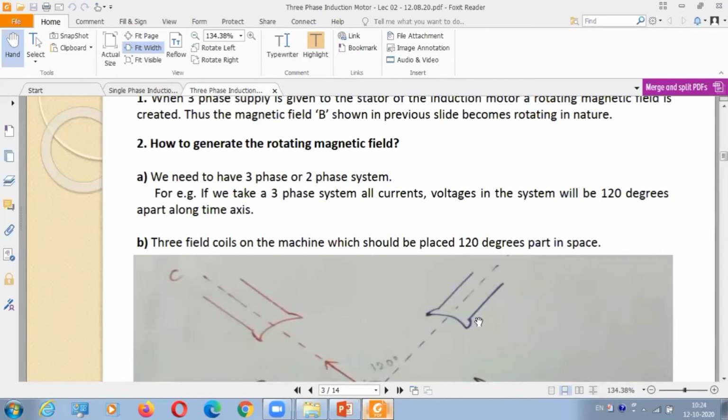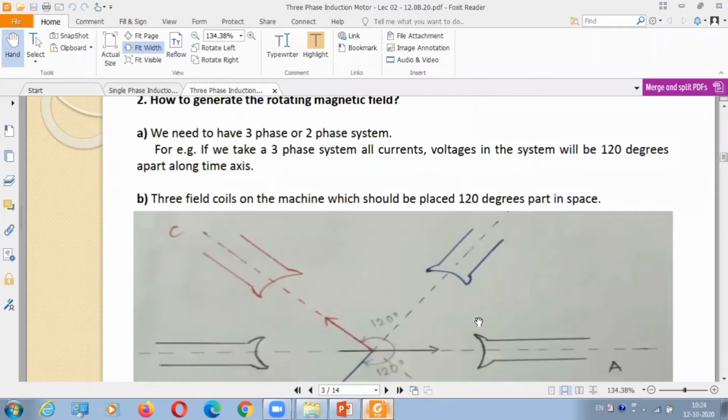And if you take single phase and split it into three parts, I also told you that there will be some problems with the voltages, because in three phase there is a high voltage, but in single phase we have 220 volt. I am taking a motor which operates at 440 volt and giving it a single phase supply of 220 volt and splitting that 220 into three phases. Obviously it will not work well; it will work at a low voltage.